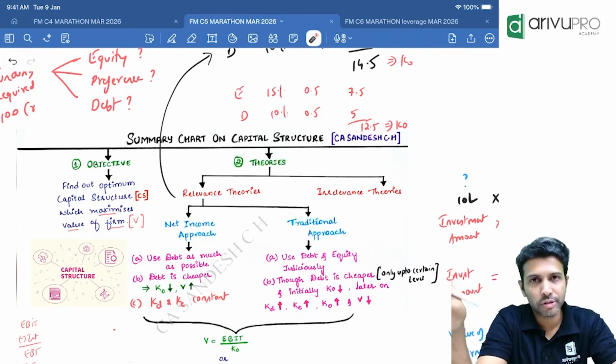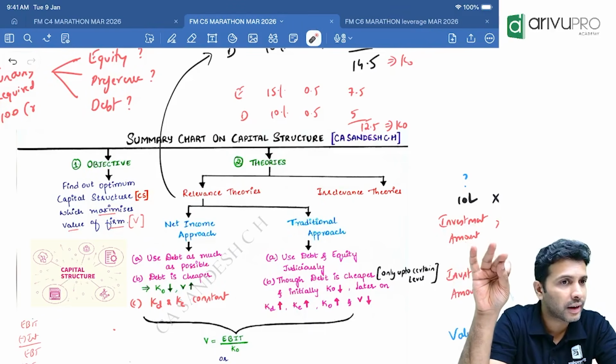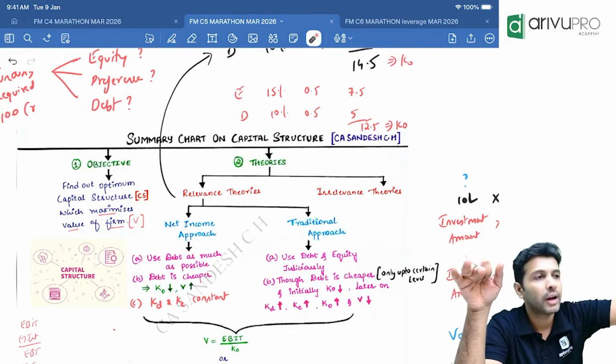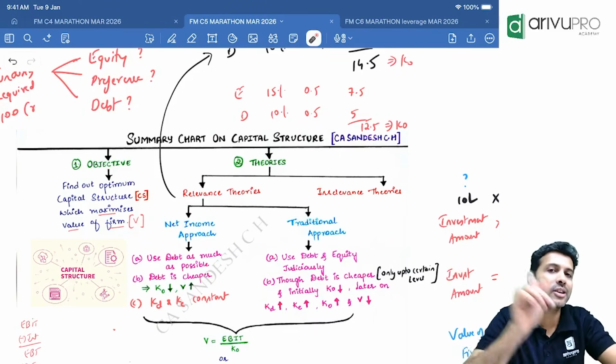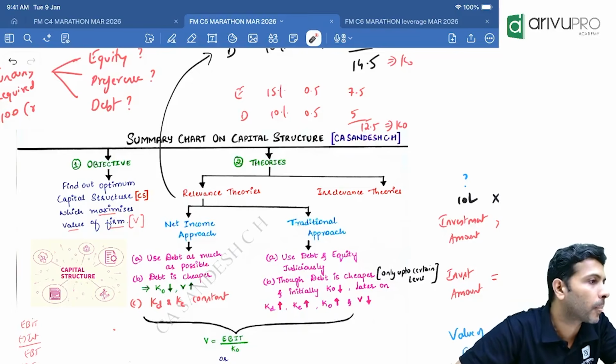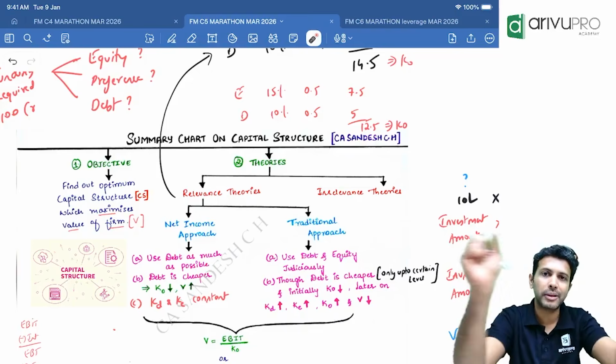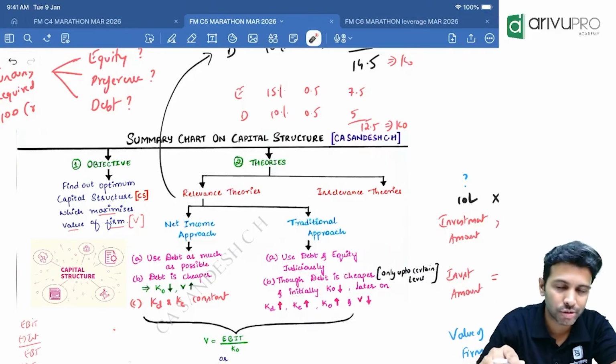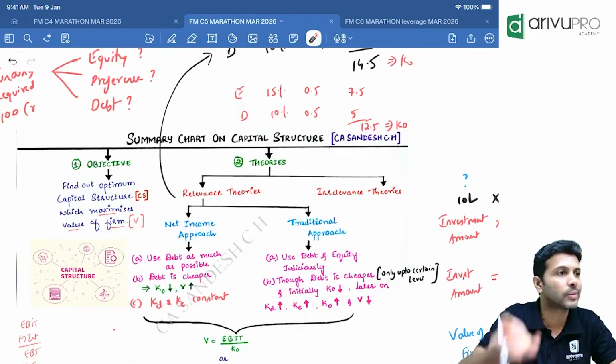Overall cost will reduce and value of the firm will increase, because there is an inverse relationship between KO and value of the firm. If KO increases, value will reduce. If KO reduces, value will increase.